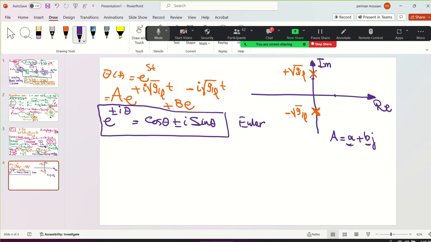Here we go. Using that, you get the angle of the pendulum, assuming that there is no disturbance. I'm going to teach in the MATLAB code. It's going to be cosine sqrt(G over L) t, plus i sine sqrt(G over L) t.